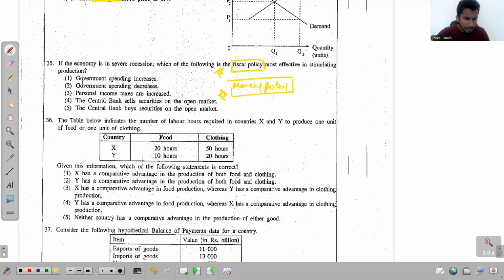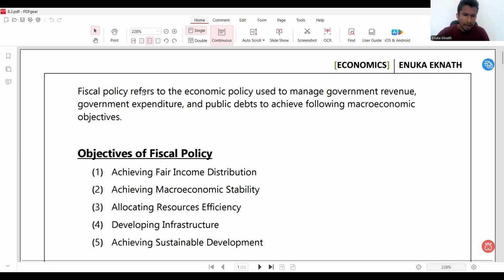It says fiscal policy refers to the economic policy used to manage government revenue and government expenditure and public debts to achieve the following macroeconomic objectives. So simply the fiscal policy is connected to the government revenue, the government expenditure, and the public debts.